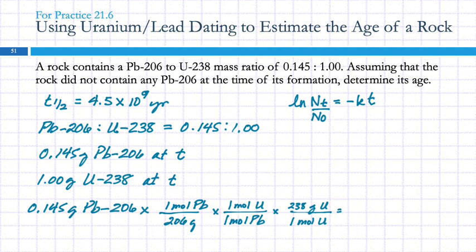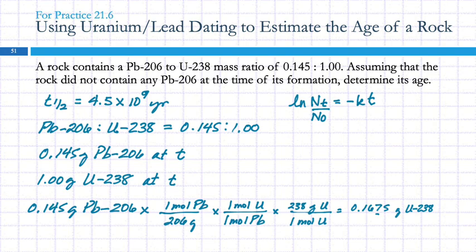So 0.145 grams, I divide by the 206, and I multiply by the 238. So in order to produce 0.145 grams of lead-206, it means that 0.1675 grams of uranium-238 decayed. Does that make sense?